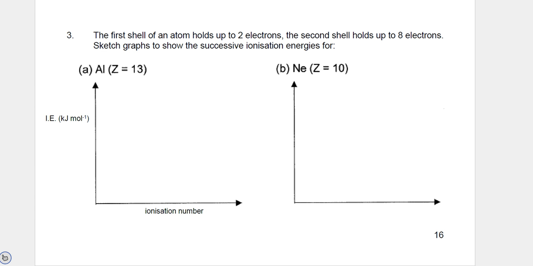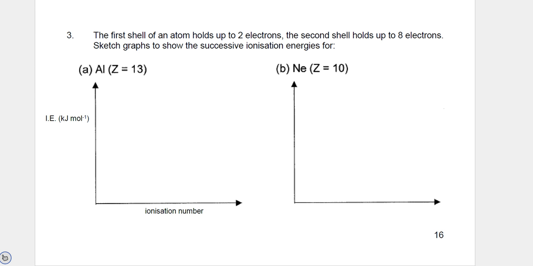Now in question 3, what you have to do is sketch a graph. Sketch. These don't have to be accurately plotted. You're going to sketch a graph to show the successive ionisation energies. Remember, the innermost shell, the first energy level, the one closest to the nucleus, can hold up to 2 electrons.